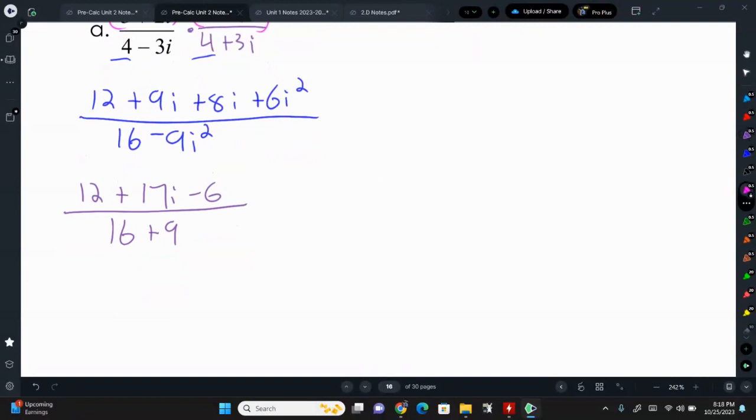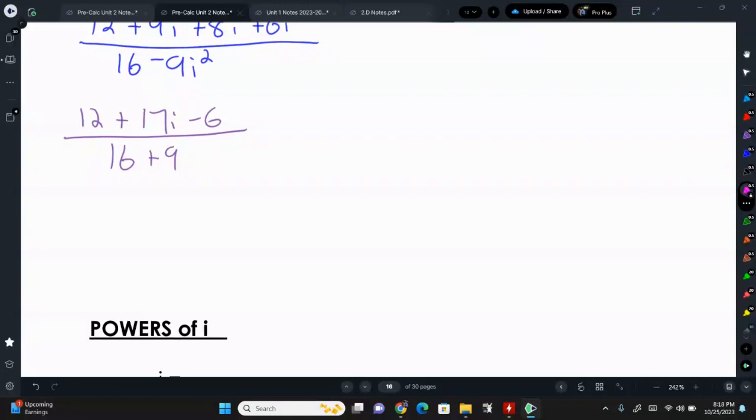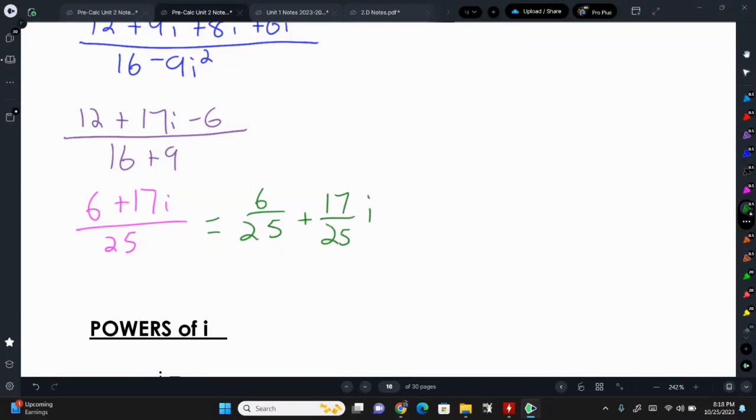So 12 minus 6 is 6. 6 plus 17i over 25. And then we need to write this as two separate fractions. 6 over 25 plus 17 over 25i, or you can write it as 17i over 25. That would be your simplified answer.